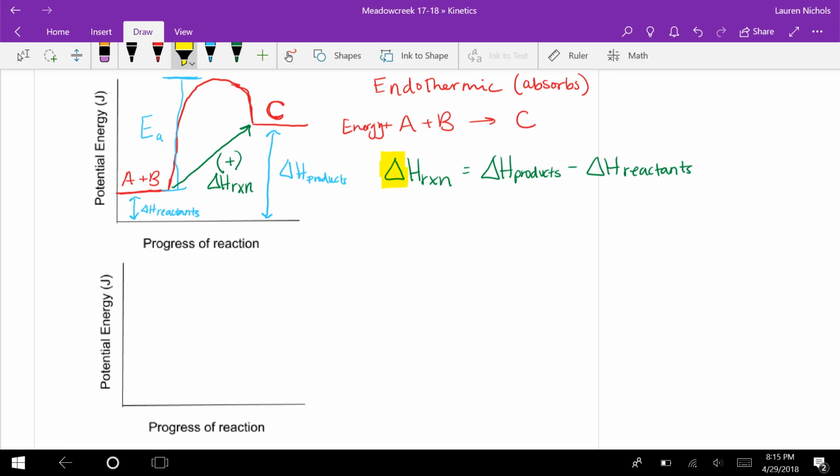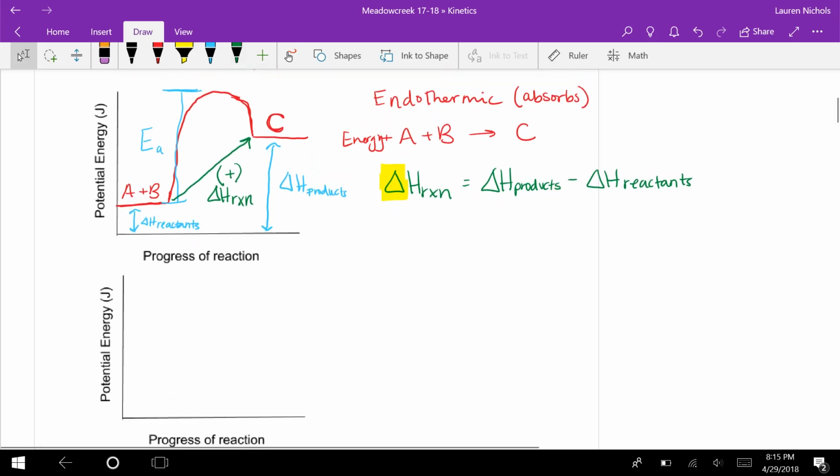And so now at the top here of our hill is where we're going to see our transition state. So kind of right about here in this time frame, in between where we no longer have A and B because we've started to react, but we don't have everything as C yet. What you'll begin to see is A and B are joined together, so you'll just kind of have this A-B complex before it turns into C.